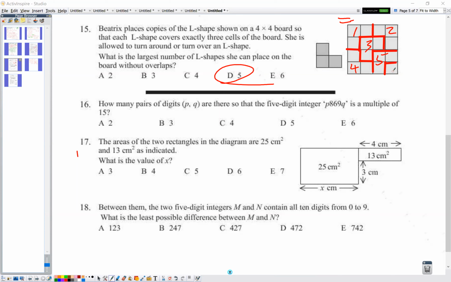The question asks how many pairs of the digits P and Q there are so that the 5-digit number P869Q is a multiple of 15. I'll do this one on a separate page.